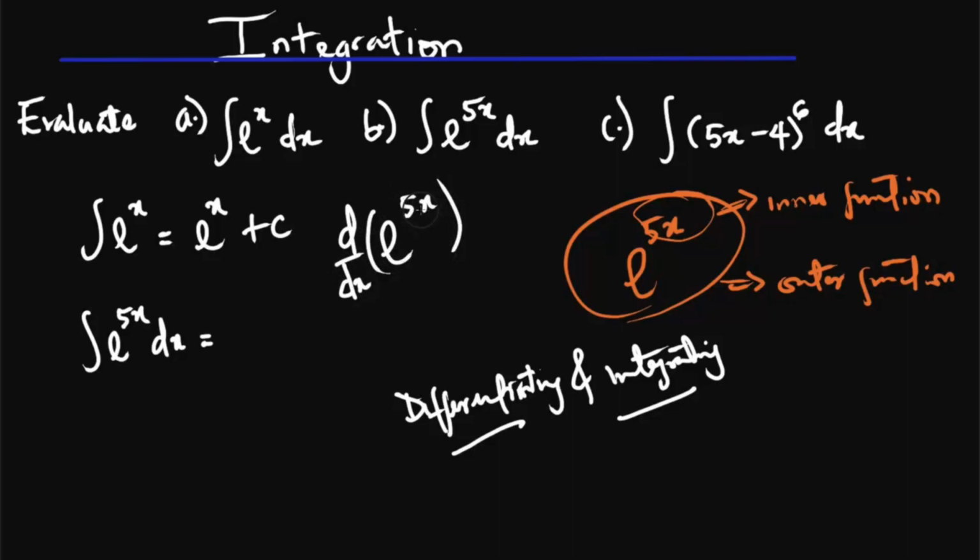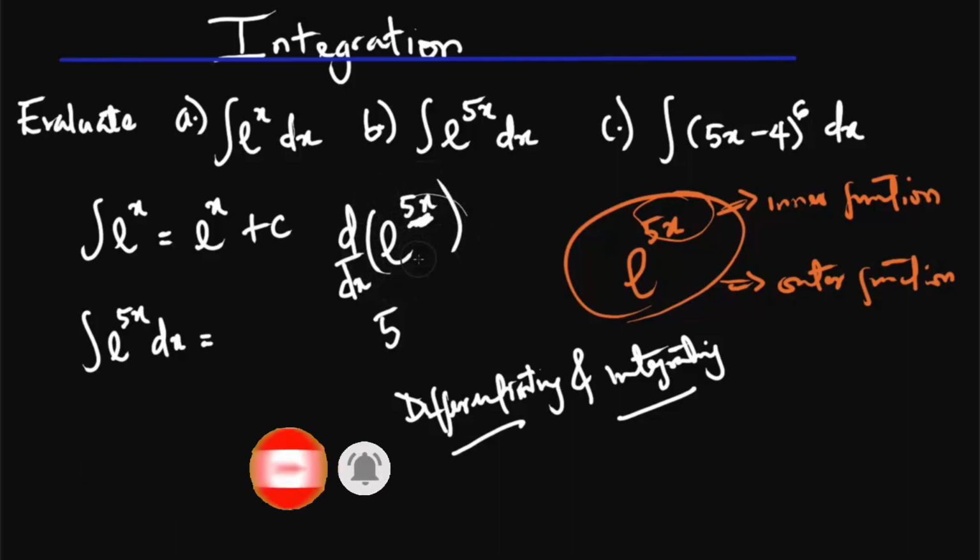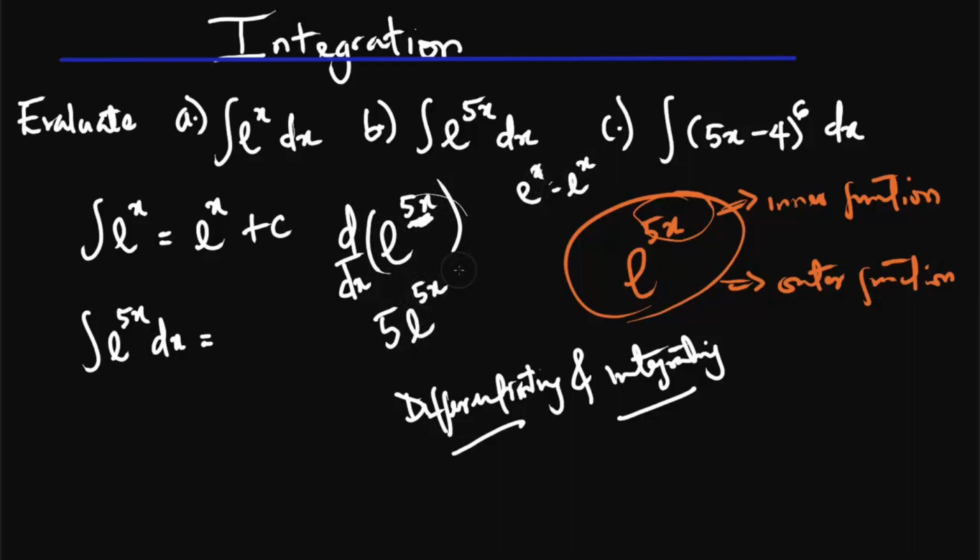What we do in differentiating is differentiate the inner function to get 5, and then multiply it by differentiating the outer function as a single function. Normally when we differentiate exponential x, we get exponential x. So differentiating the outer function as a single function, I'm going to have exponential 5x. Okay, so that is the process, but in this case we are going to differentiate first and then integrate.